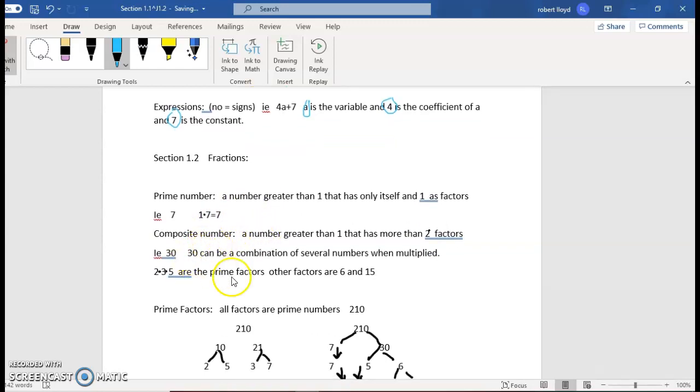A composite number is a number greater than 1 that has more than 2 factors. For example, 30 can be a combination of several numbers when multiplied. So the prime factors are 2 times 3 times 5, where the 2, the 3, and the 5 are all prime numbers. Other factors of 30 are 6 and 15.